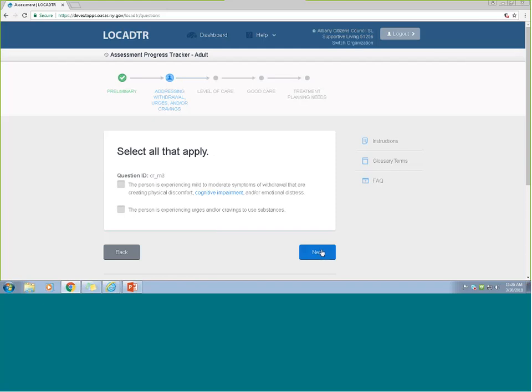So Pat, is it possible that someone could continue to have cravings during this time, even on medication-assisted treatment? Yeah, definitely. Cravings in that case would indicate that you would check that box, and the recommendation would be either to have that person reevaluated medically to make sure that the medications are as effective as they can be, or to reassess the medication or add something that might be helpful for cravings.